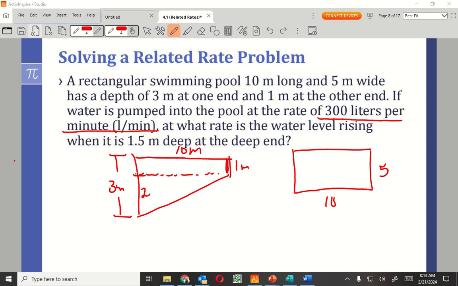So the water level rising is going to be my H, right? My dH/dt. Yeah. So that's what I'm looking for.